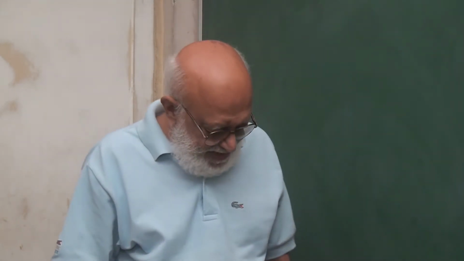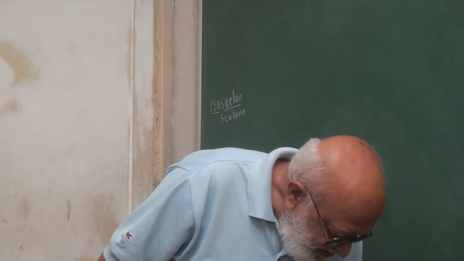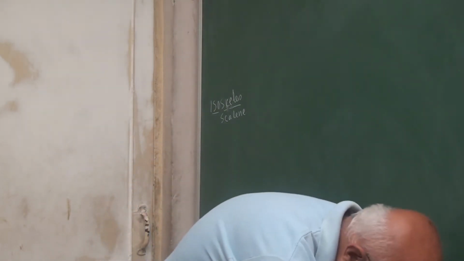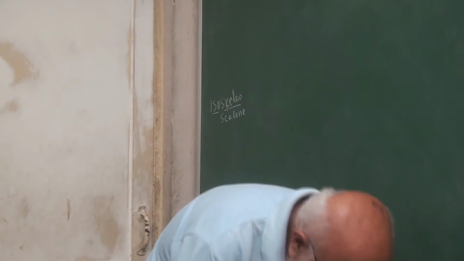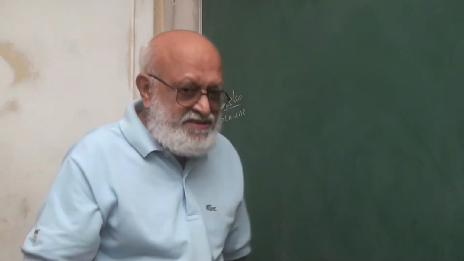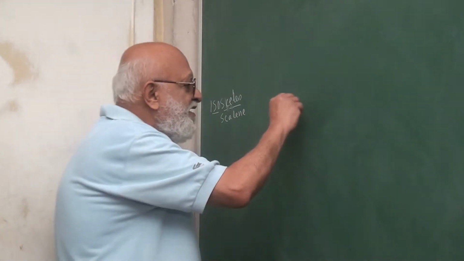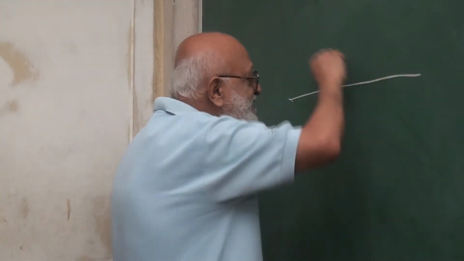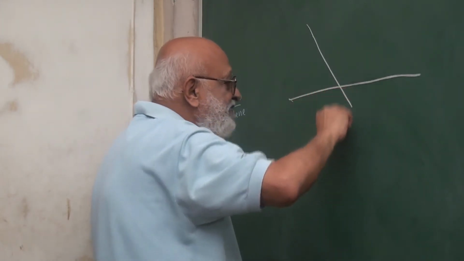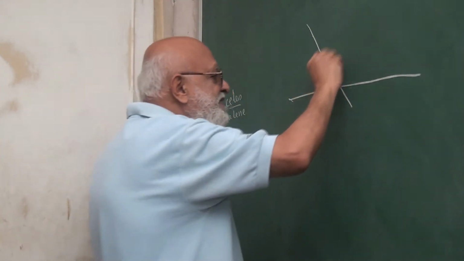In this case, we will again be discussing parallel lines and transversals. If you have a line and it is intersected by another line, then they are called intersecting lines.